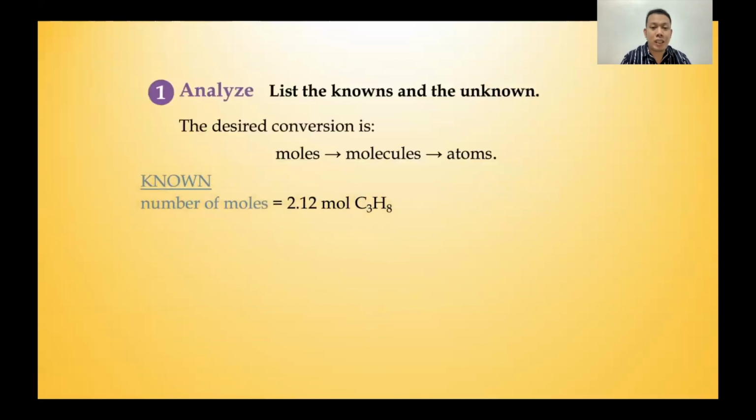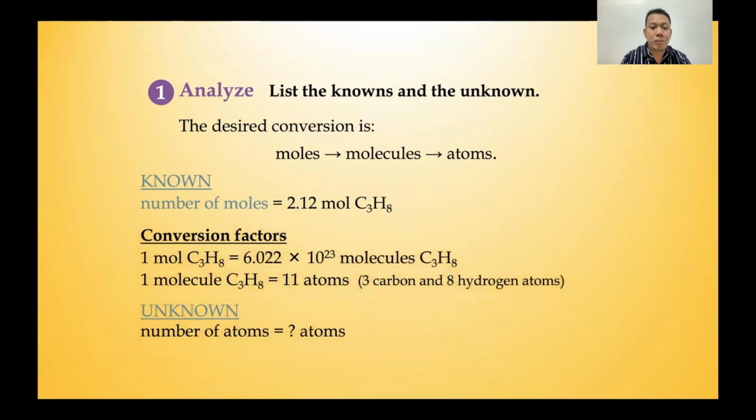Again, the same procedure: write the known and the unknown. The number of moles is 2.12 mol of C3H8, or propane. And then our conversion factor: 1 mole of C3H8 is equivalent to 6.022 times 10 to the 23rd molecules of propane.